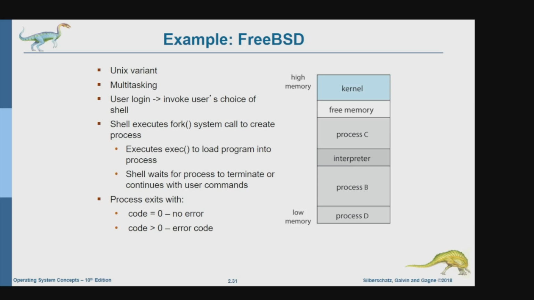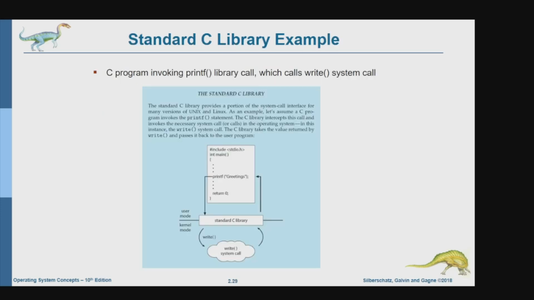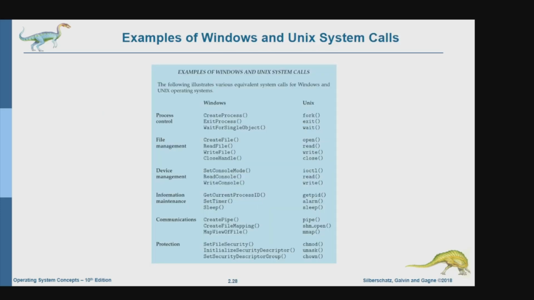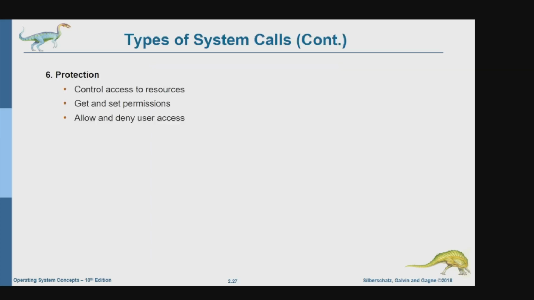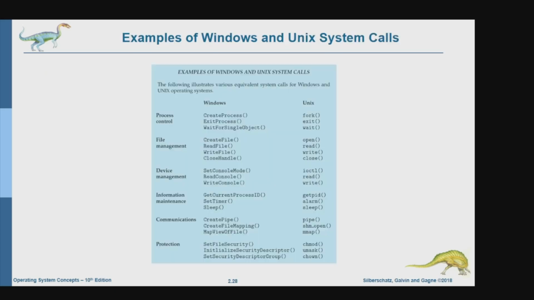So that's the example of different types of operating system, different types of board. Arduino, this one is the standard part, but basically this is how the system call works. Okay, based on this process.